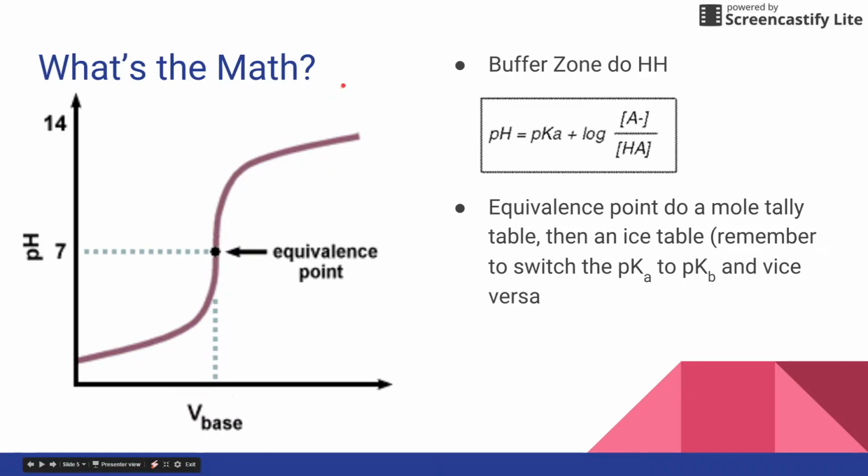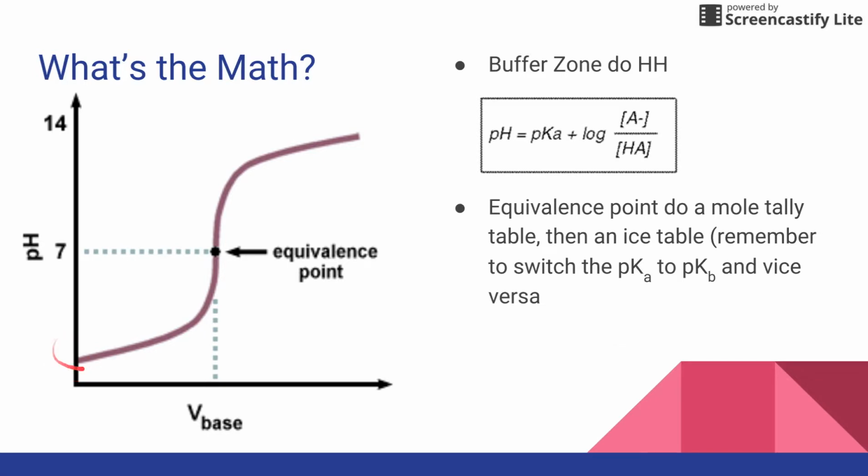So if the molarity of the base was 1 and you added 0.1 liters, then you would multiply those together to get the moles, and that moles would equal the moles of the original substance also. So you'd plug that into your mole tally table, and you'd end up getting 2 mole amounts that you would then divide by the total volume.